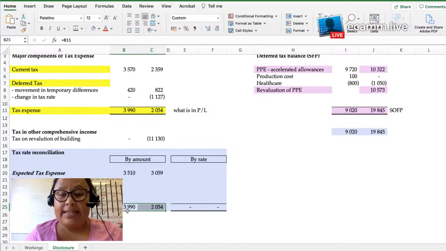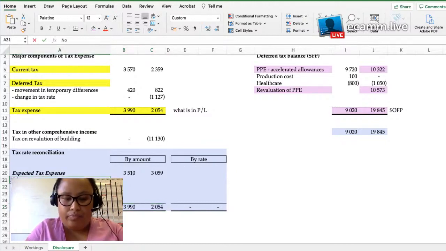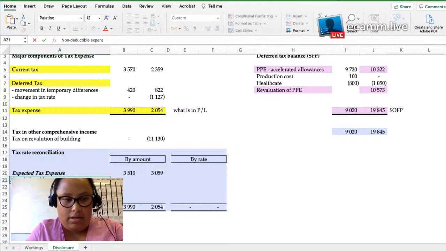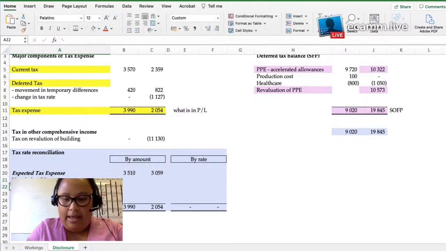The first thing is we're told in the question that there were charitable donations, and those donations were not allowed. So we have the deductible expenses, and let's do our charitable donations.